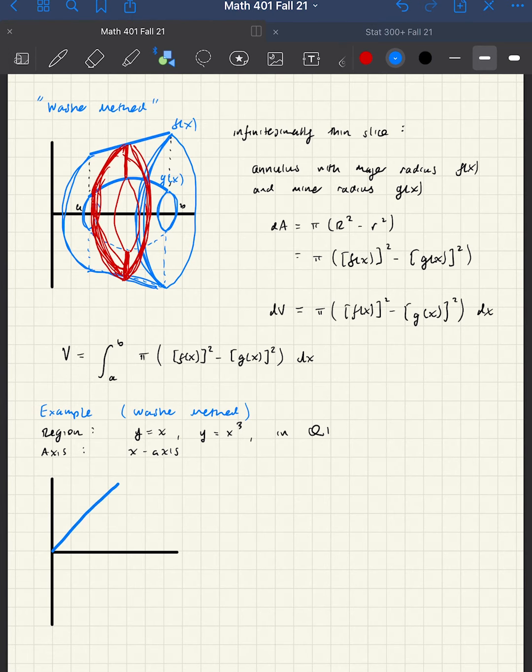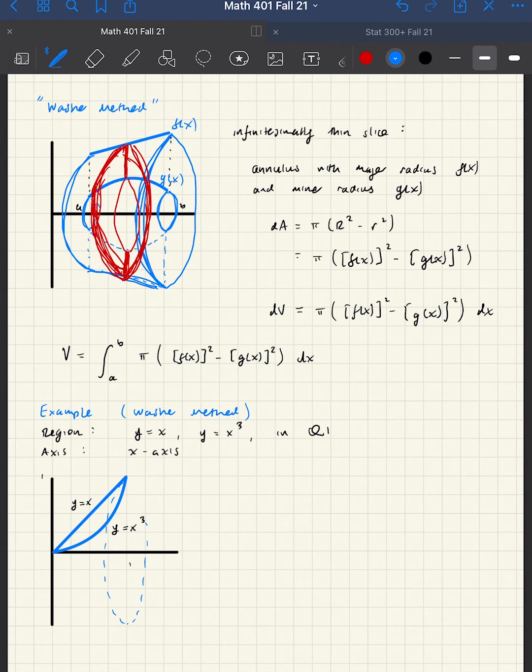So I've got x and x cubed. It looks something like that. It's not exactly right, but just take my word for it. Here's one, here's one. The top is y equals x, and the bottom is y equals x cubed.